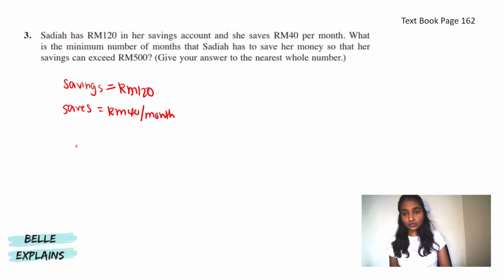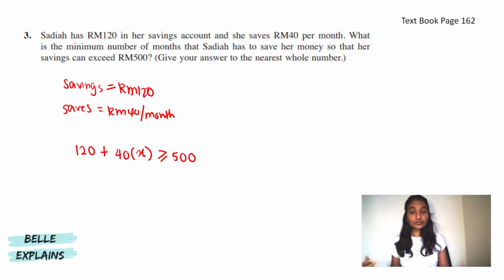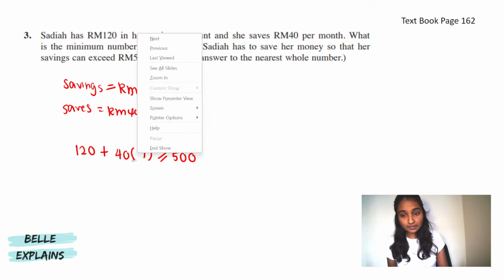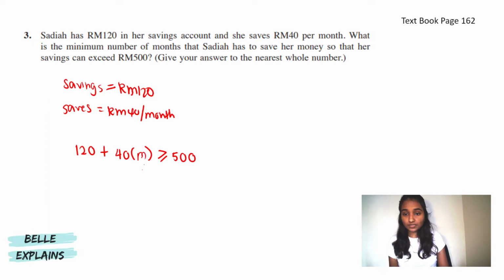Okay, so 120 plus 40 ringgit for however many months she would be working so that her savings can exceed 500, which means that it has to be more than or equal to 500. Now we're looking for the number of months, so you can either use X, or if you want to use M to indicate the months, it's also acceptable. So here will be 40M is greater than or equal to 500 minus 120.